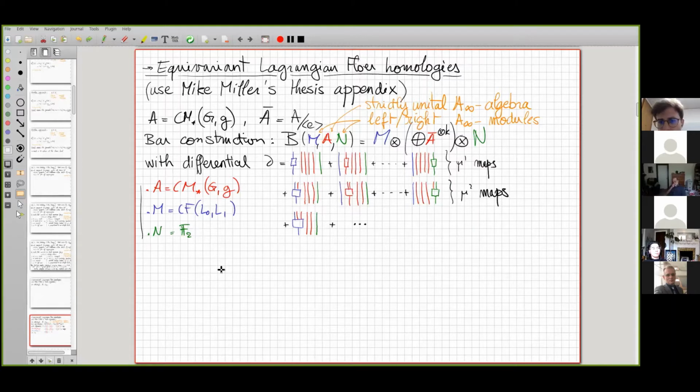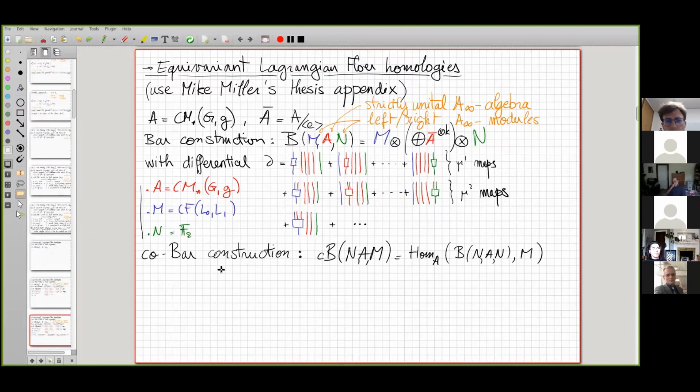Basically, you just use all the module maps that you have, and that produces a differential. We're going to use this where A is our algebra, M is the Floer complex, and N is a trivial module, the ground ring. Then there is a similar construction, the co-bar construction, which is kind of a dual construction.